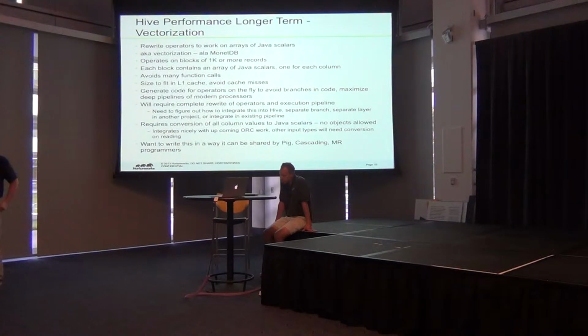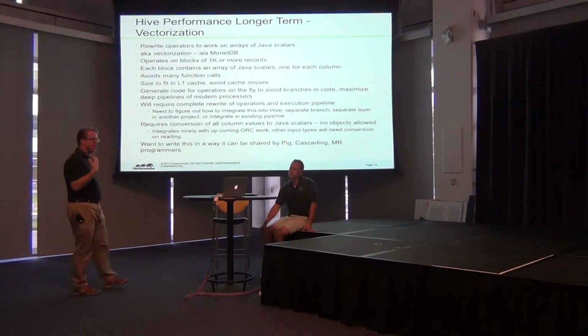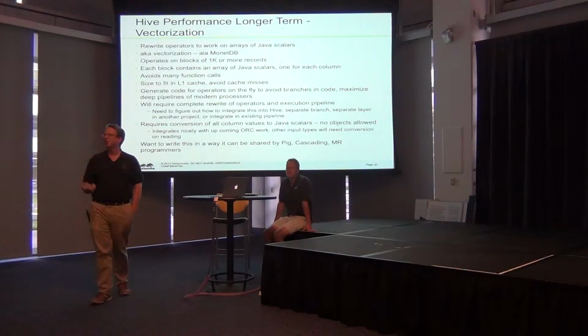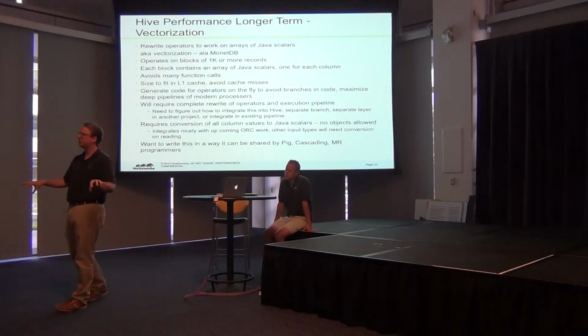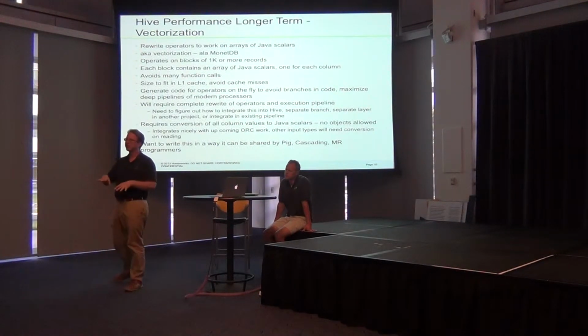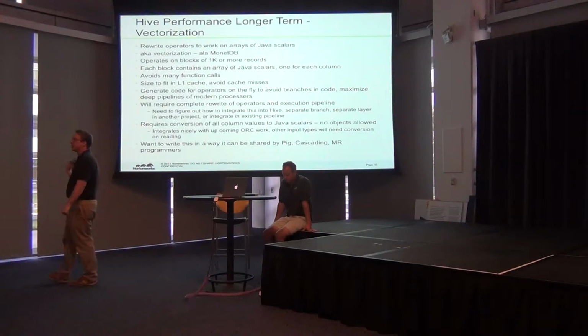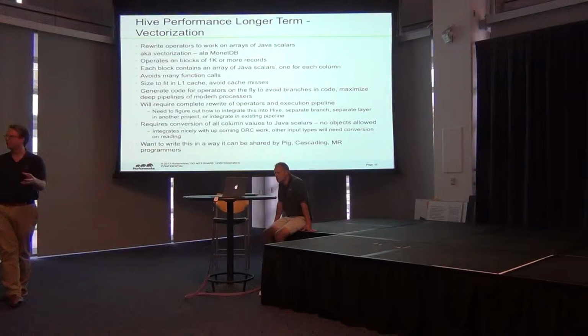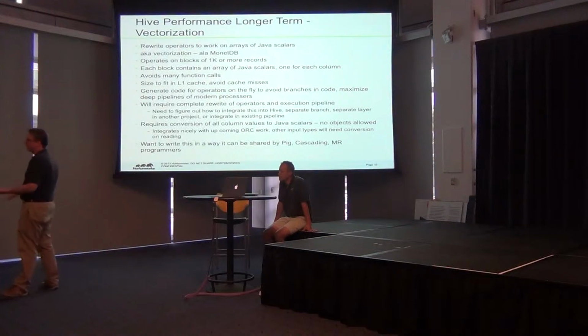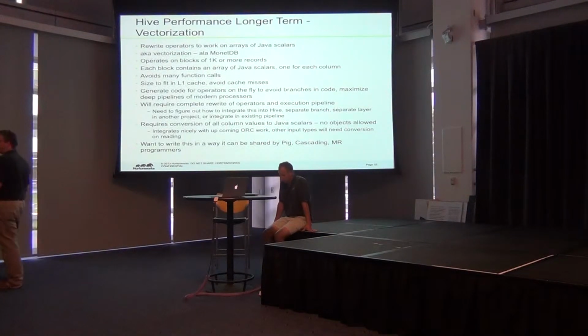But in the longer term, we noticed that there was a lot of potential being left on the floor because Hive has a very generic data model. It's got an object for each row, and then an object for each value, and it uses these object inspectors to look at everything. So by the time you even read a row into memory and hand it off to the processing engine, you've already done 20 virtual methods before you even get started on actually using the data.